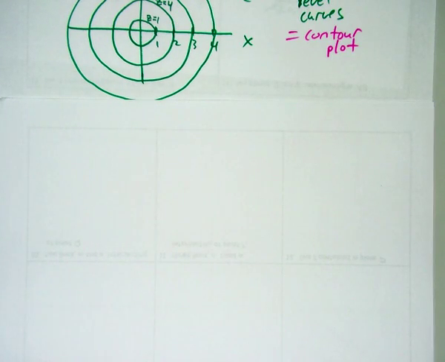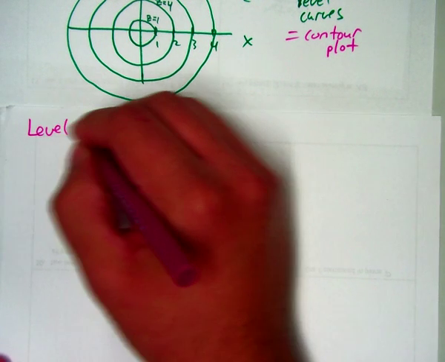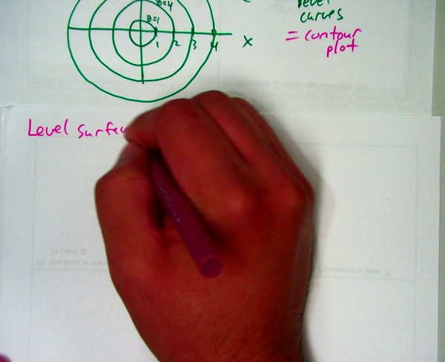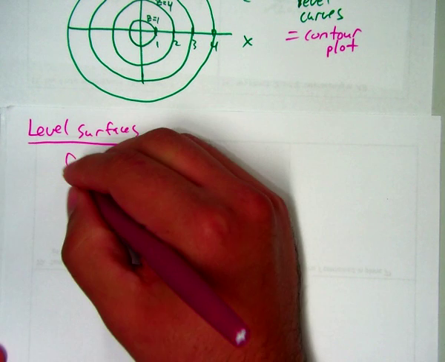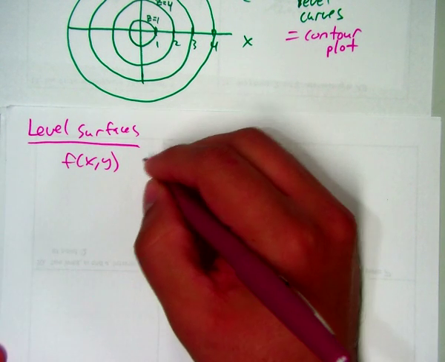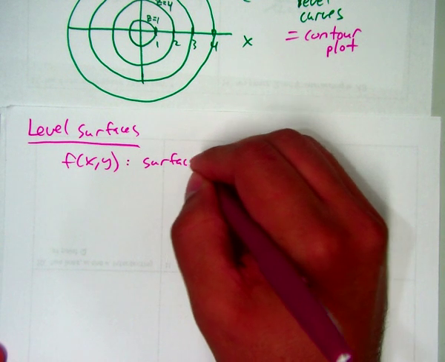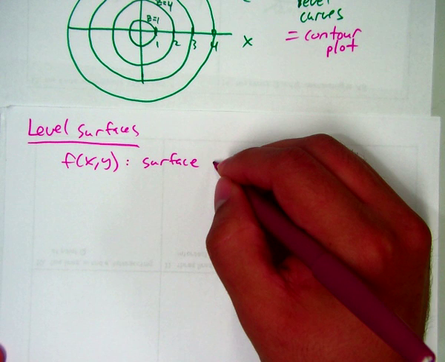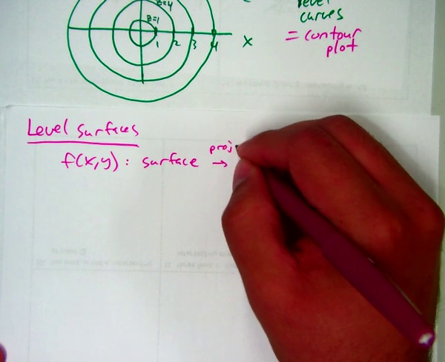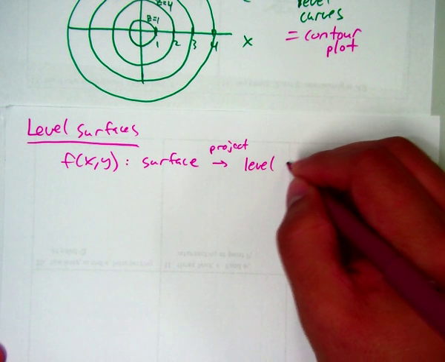Now, there is a thing, not just level curves, but called level surfaces. So if we have f of x, y, the graph, we get a surface, okay, and then if we project onto the xy plane, we get level curves.